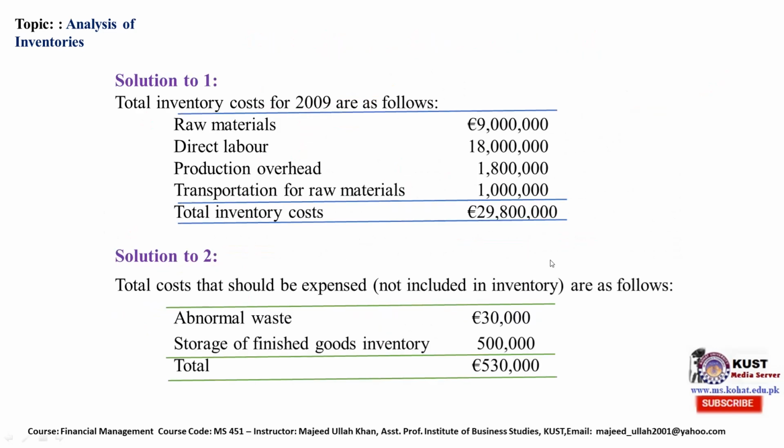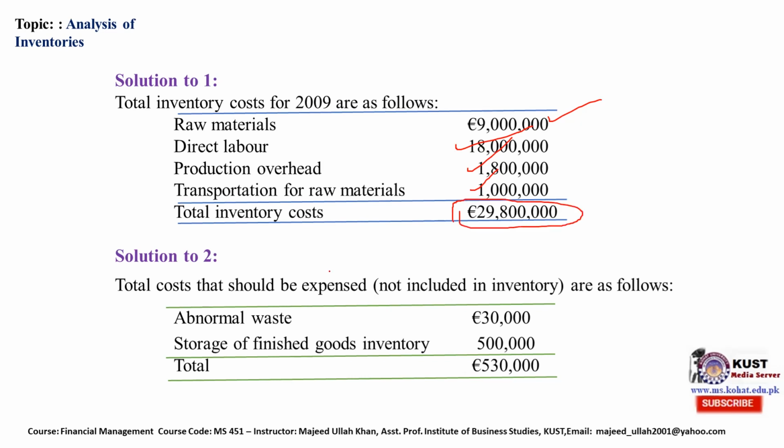as I told you, inventory cost for 2009 will be: 9 million raw material, 18 million direct labor, 1.8 million factory or production overhead, and transportation of raw material 1 million. So the total cost is 29,800,000 euro.